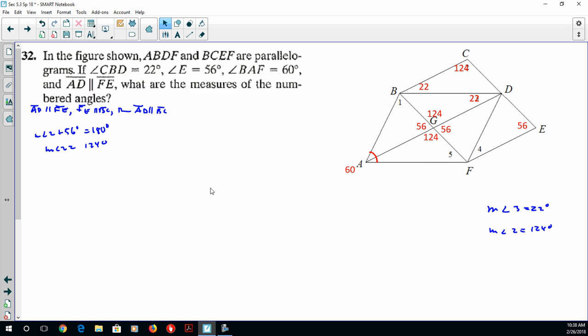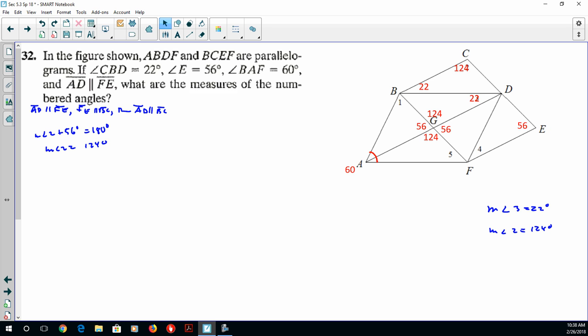Well, here's 22. There's 22 down here as well. BD and AF are parallel. These are alternate interior angles.